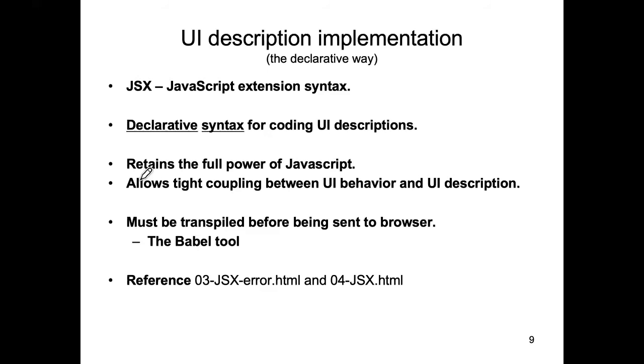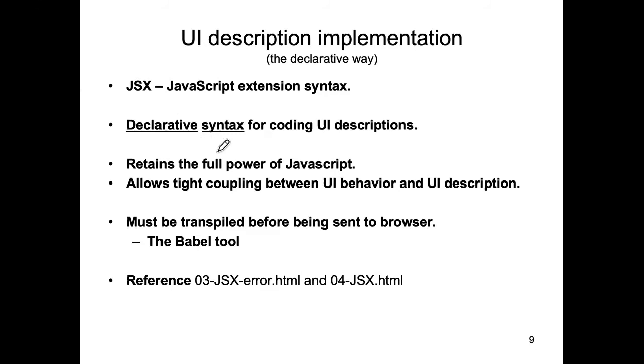And by using this JSX syntax, which, as I said, is really HTML, it allows us to implement our UI description using a more declarative style, which is a much better kind of developer experience once you get used to the syntax itself.